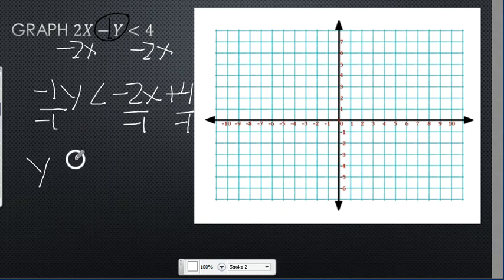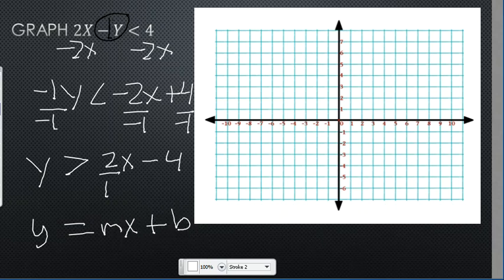Because we divided by a negative 1, our inequality symbol is going to flip. Then we have 2 over 1 x, and 4 divided by negative 1 is negative 4. So now we have our inequality in slope-intercept form.